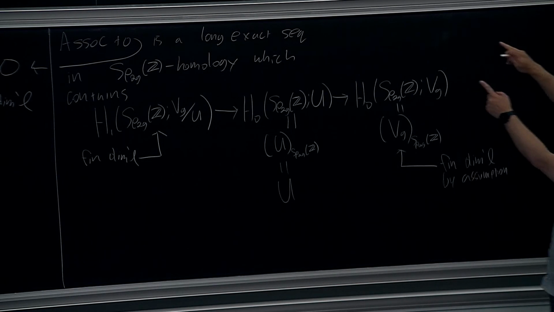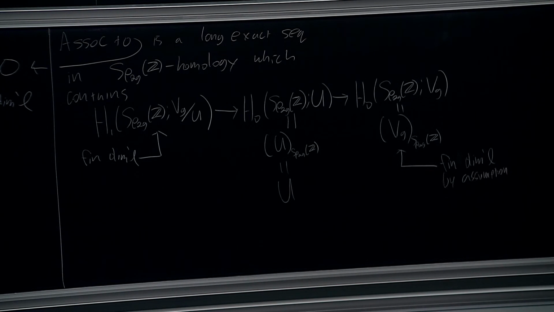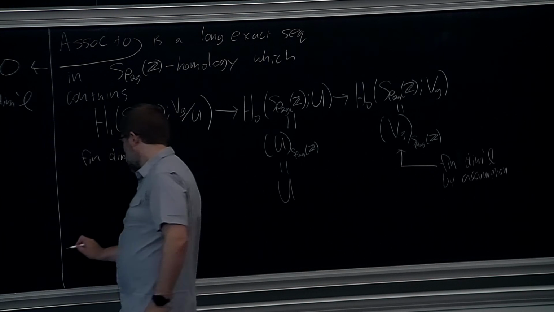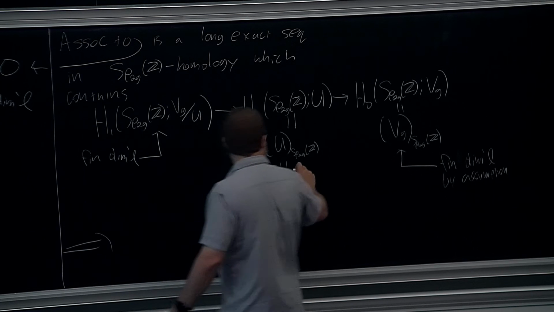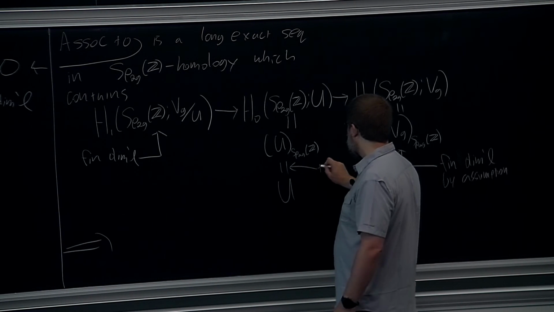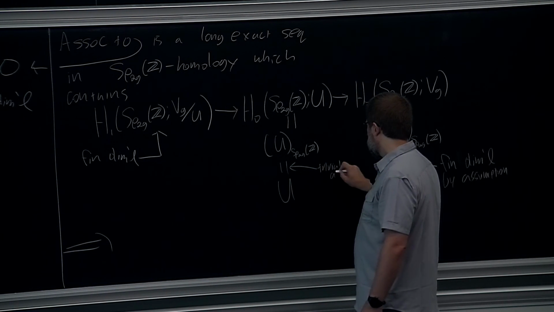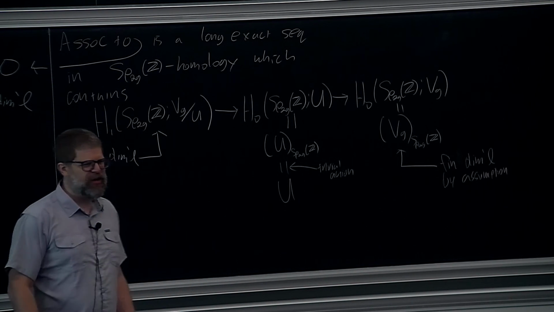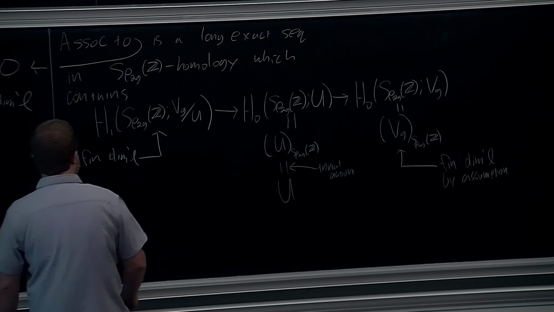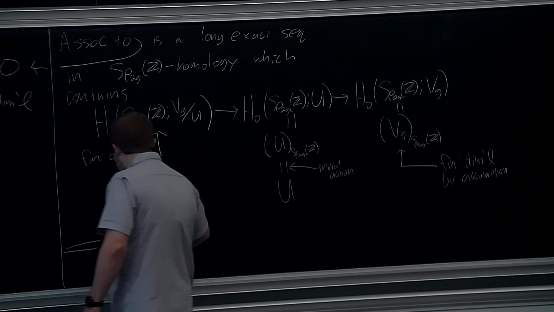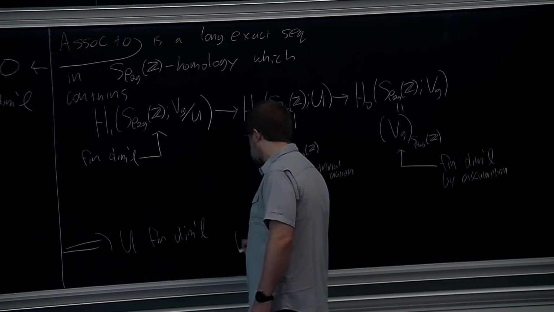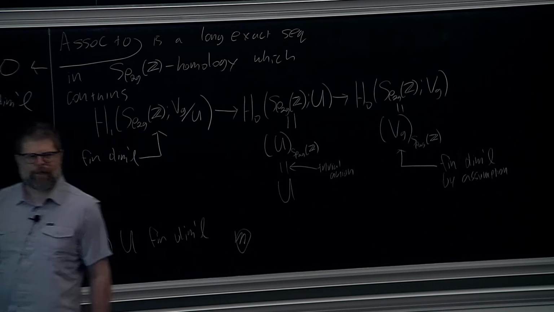That's assumption 2. Since this is the trivial action, groups acting trivially, we kill off the action, nothing happens. And so we conclude that U is finite dimensional, which is exactly what we had to show.